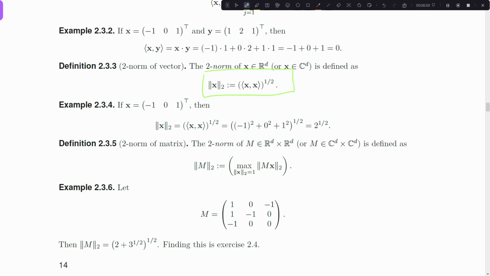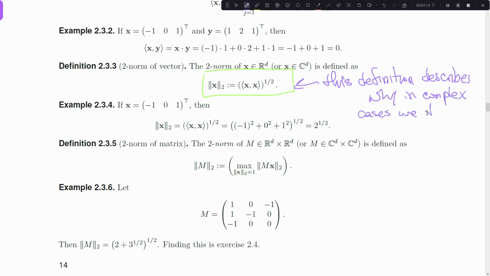This is why it would matter that in complex cases, this definition describes why in complex cases we take xj, yj bar, and then we sum.